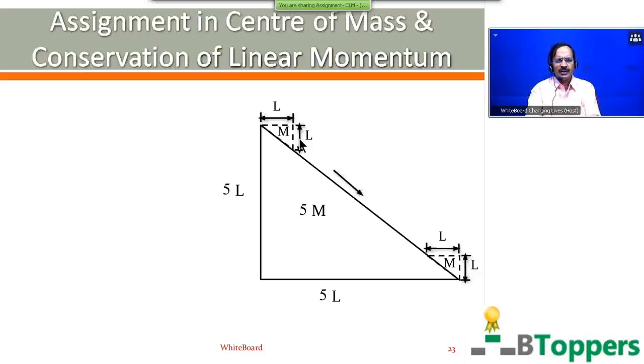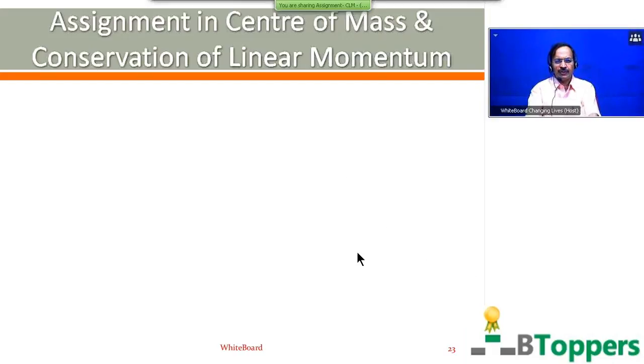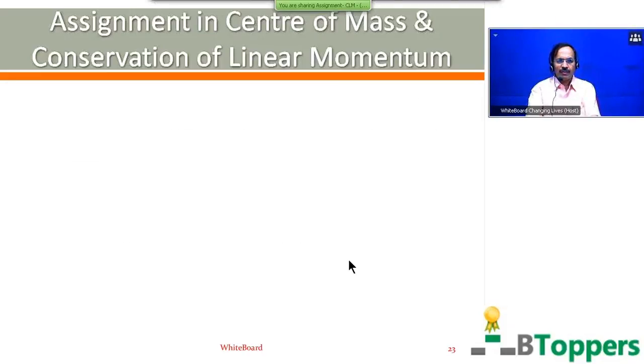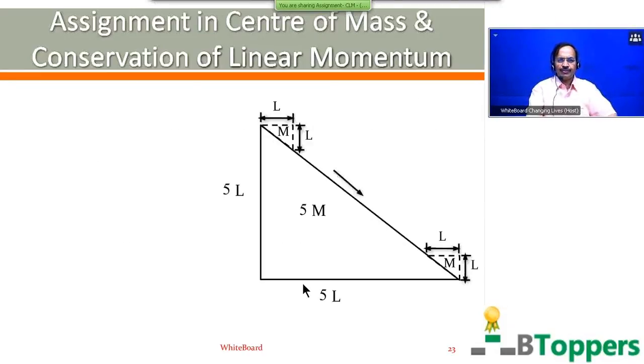Length of each one of the 2 perpendicular edges of the small prism is L. So again I show the question back. So come on, copy the diagram and try this question.